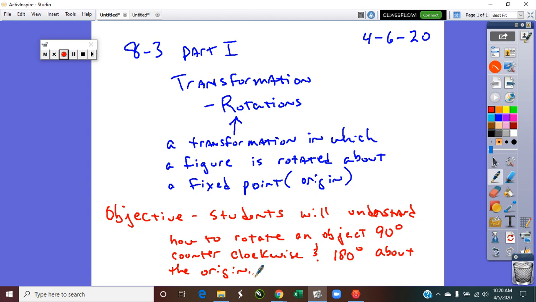And again, the words about the origin basically mean like we've got a string tied to the middle and we're going to rotate that thing. All right, hopefully everybody's got that.